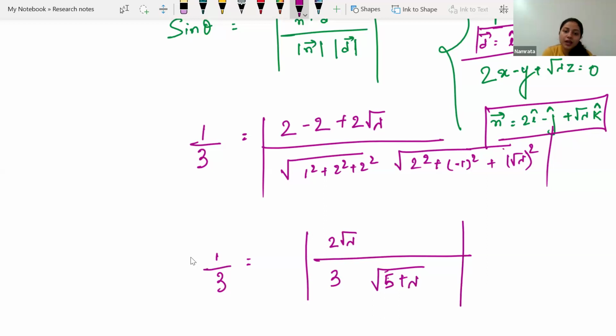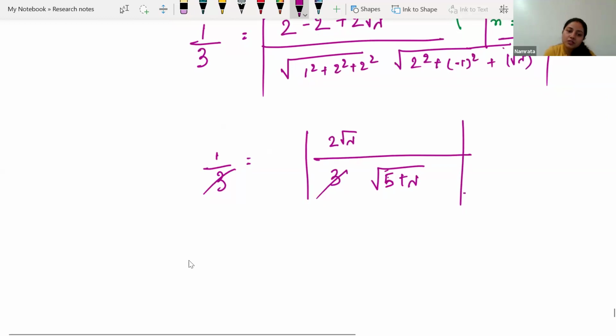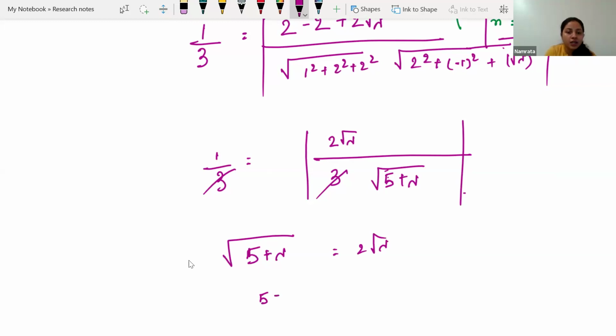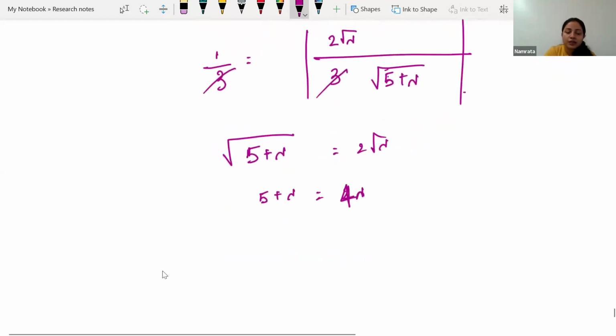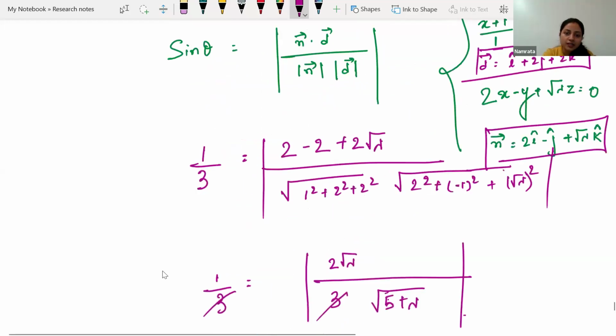The 3 and 3 will go. If we cross multiply, 5 plus lambda will be here and 2 root lambda will be here. If we square both sides, 5 plus lambda equals 4 lambda. So taking lambda to this side, 3 lambda equals 5, so we get lambda as 5 by 3.